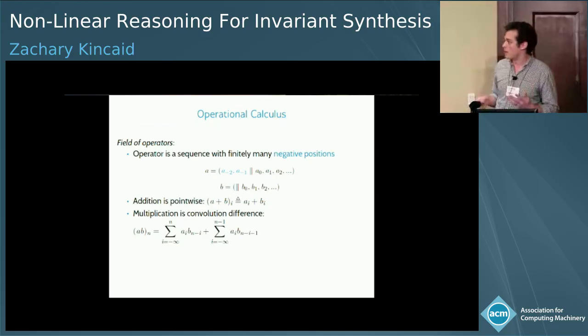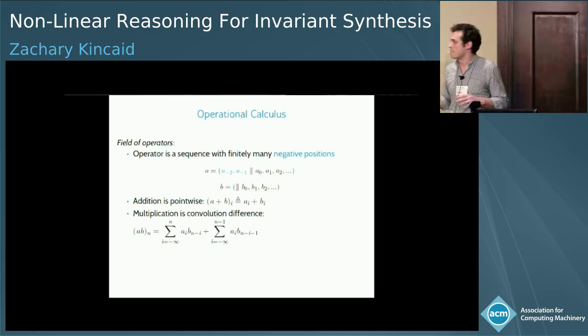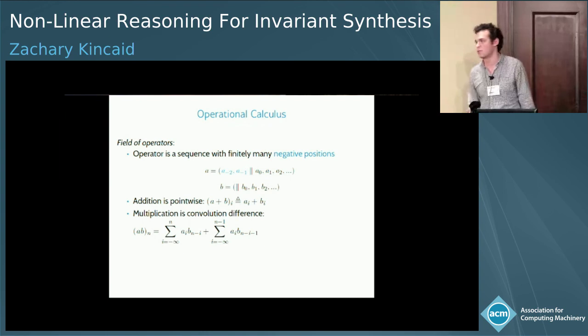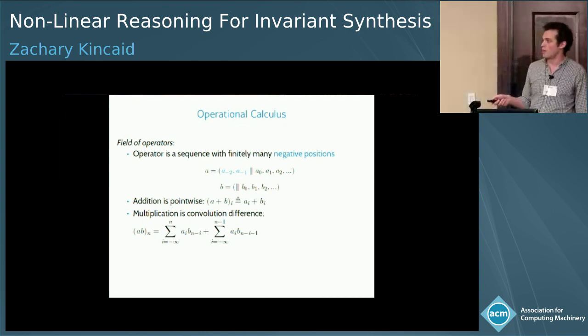To give you some background on operational calculus, the field of operators is a field. An operator is a sequence which has infinitely many positive positions and finitely many negative positions. So for example, this A sequence has two negative positions, A minus 2 and A minus 1. This B sequence has no negative positions. We can add two sequences by adding them up pointwise.